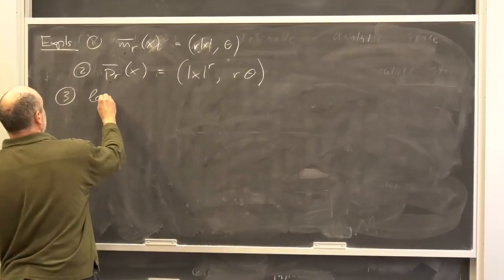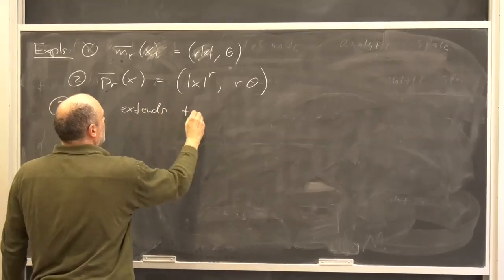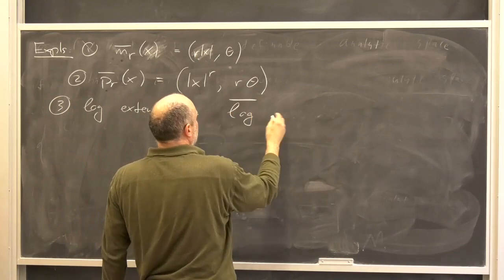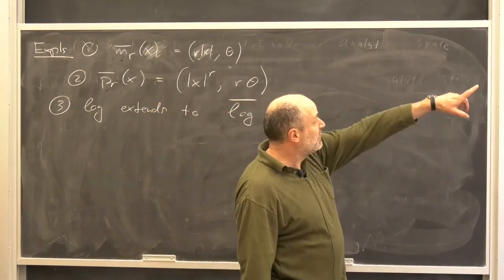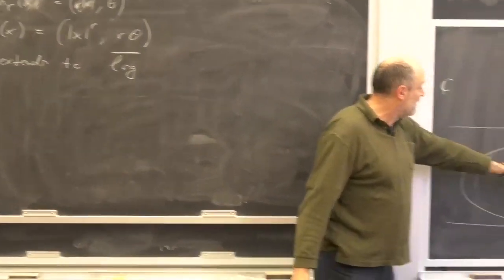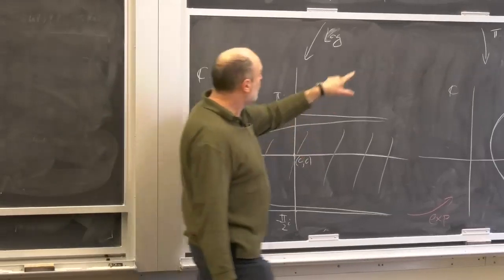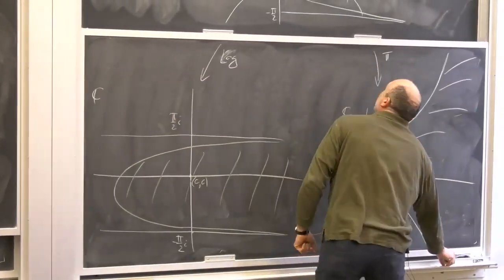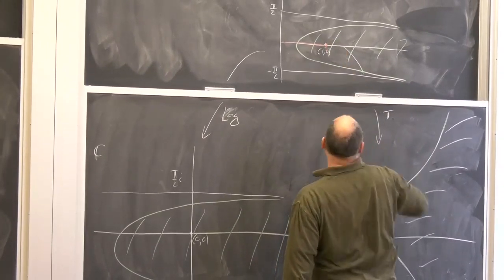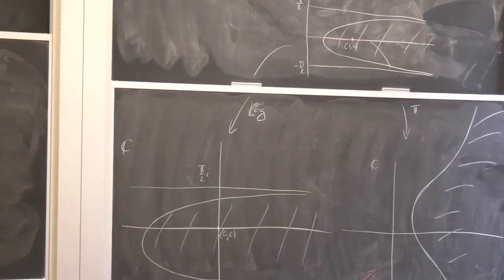So log extends to, let's call this log bar. It doesn't extend to the full Riemann surface. In this chart, we have to omit the negative real axis, which means up here we have to omit this, for the whole extension.